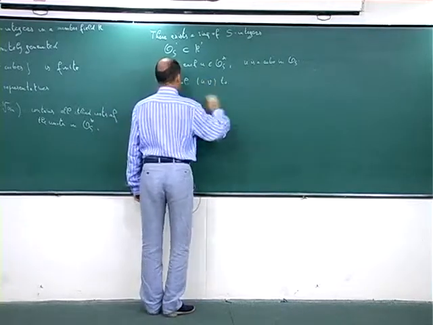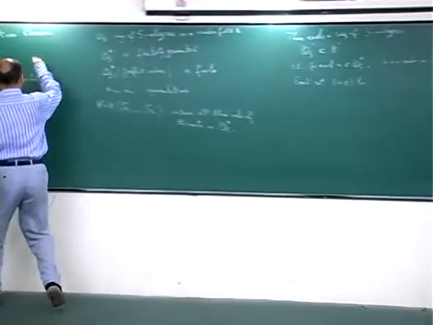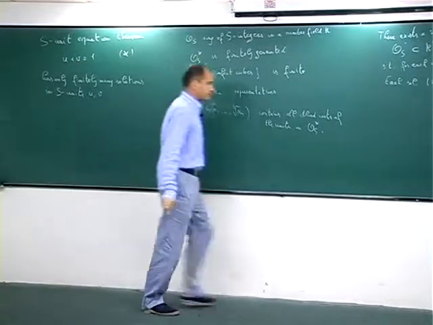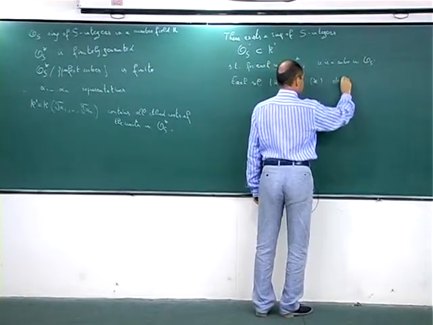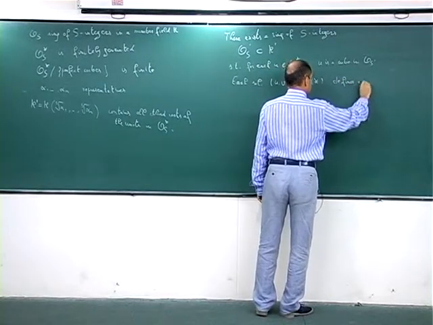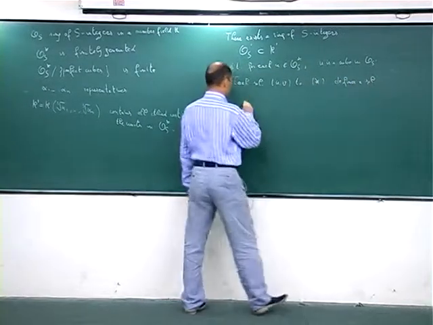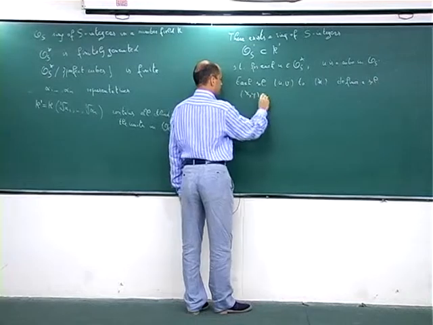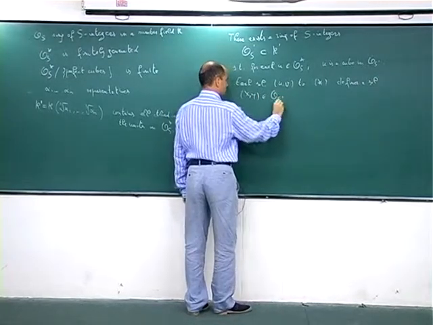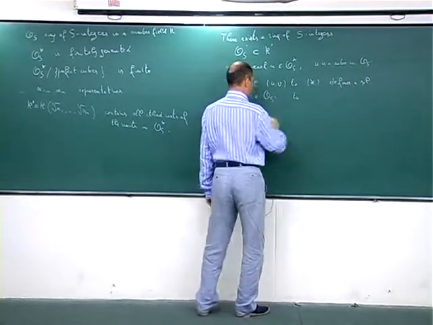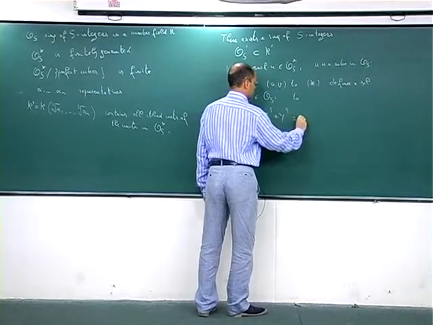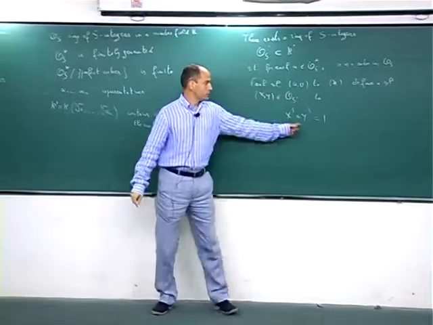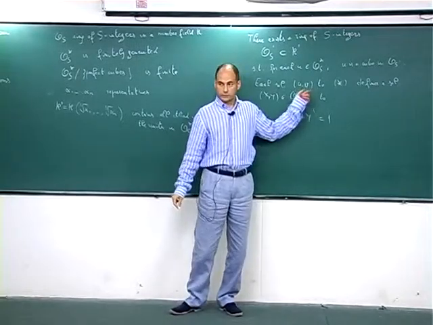So each solution u, v to this equation defines a solution x, y in O_S prime to the equation x cubed plus y cubed equals 1, by letting x, y be cube roots of u and v.